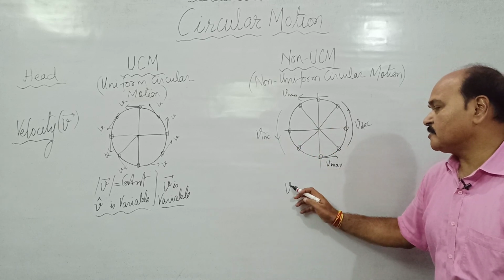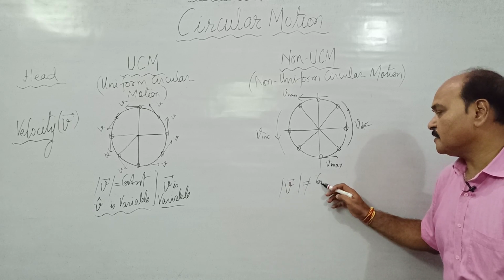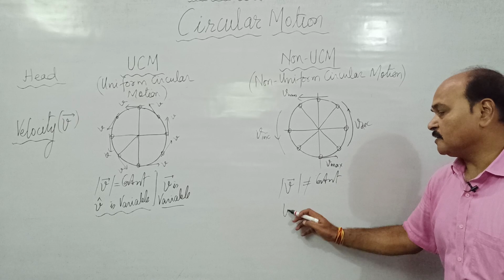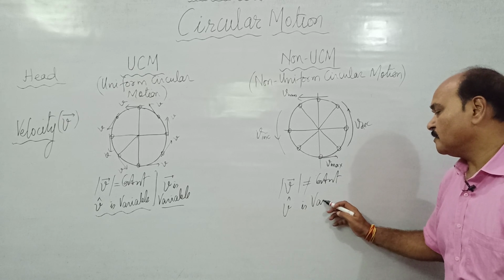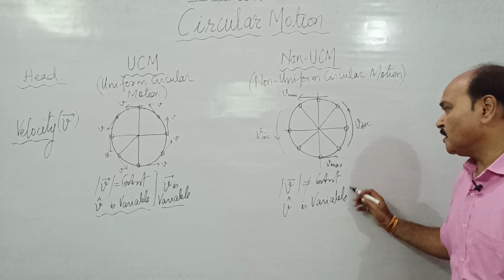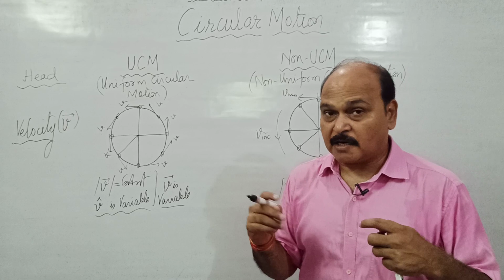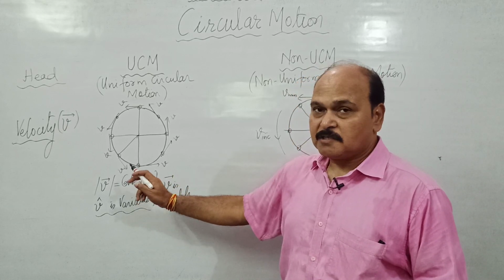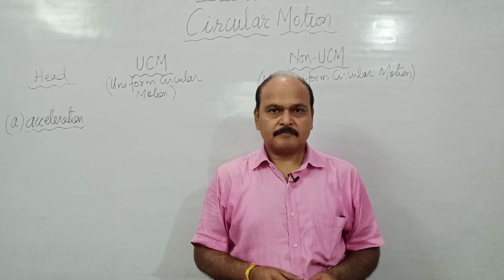So the value of the velocity is a variable, not a constant. At the same time, direction is also a variable. So here velocity varies because of the variation of both magnitude as well as direction. Here velocity varies because of the variation of only direction, not magnitude.